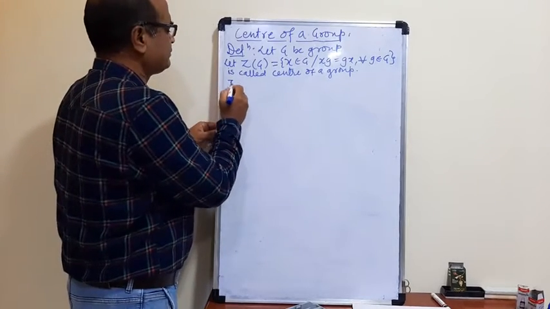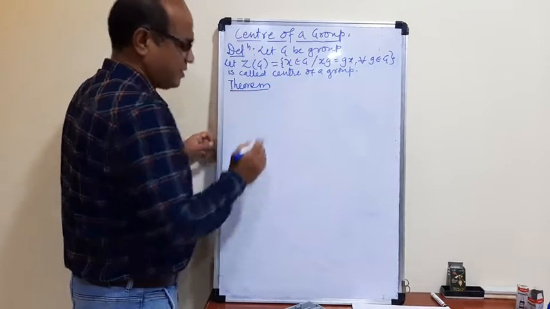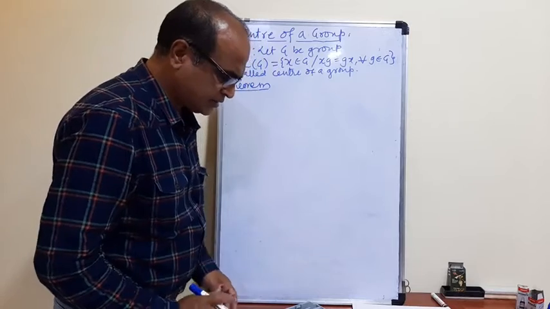So we take a theorem. There is a very simple theorem, and the proof is also very simple.